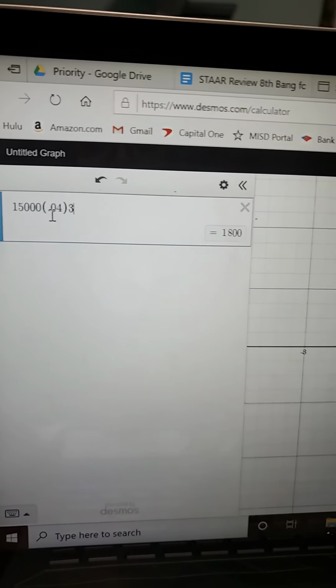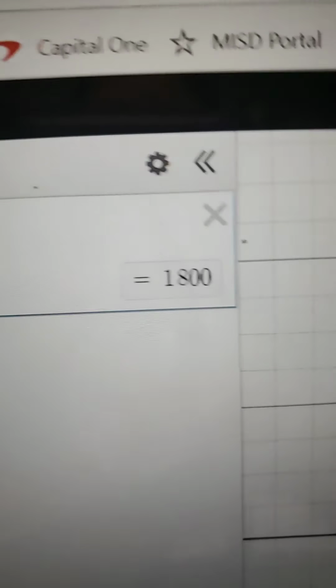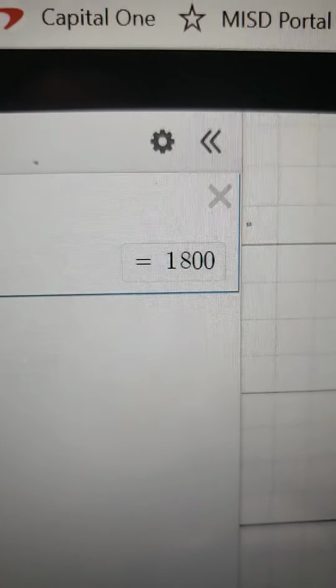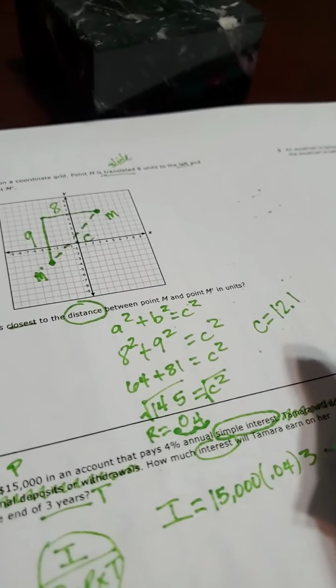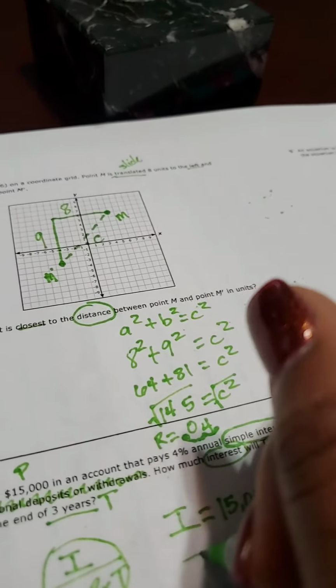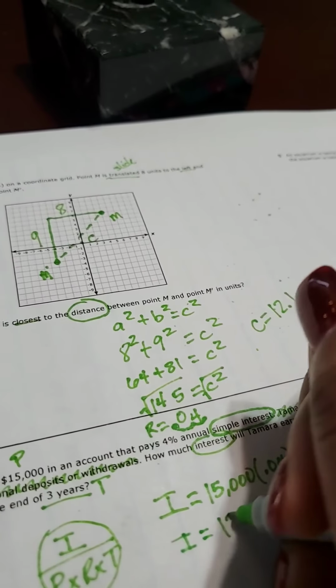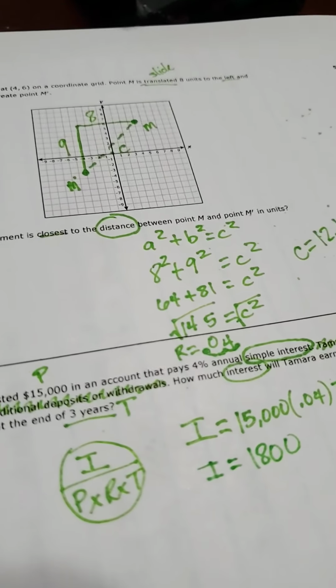And then for 3 years. My interest is $1,800. Answer choice F.